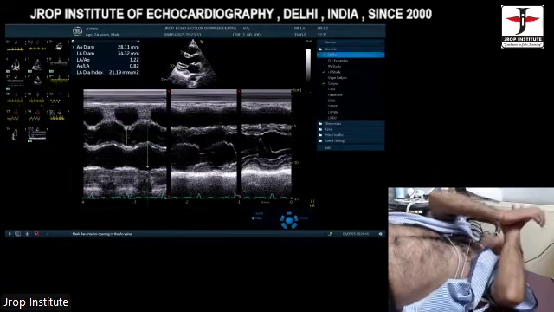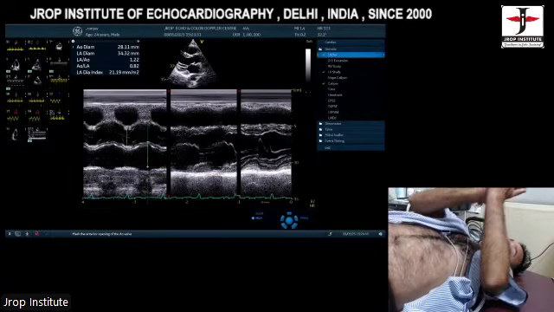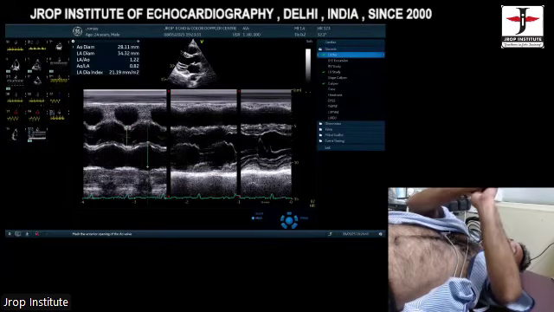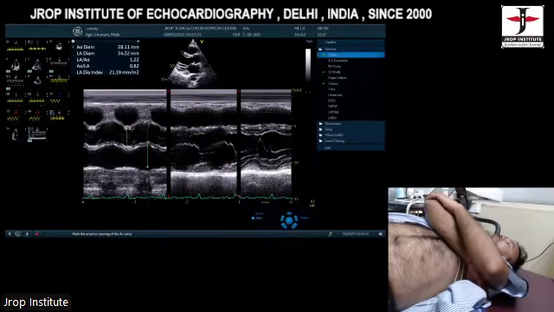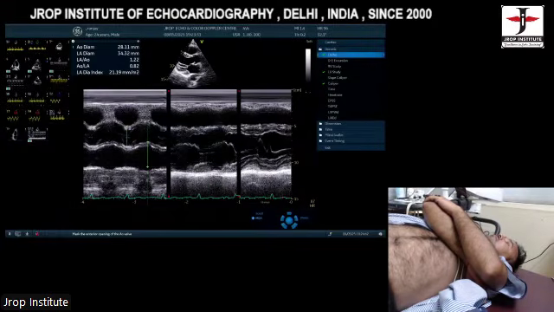Always, because suppose my body surface area is 2.4, and my LV dimension is 60. Even that 60 will not be considered as bigger for my 2.4 body surface area. If the same LV dimension of 60 is given for 1.7 body surface area, that will be dilated. Okay. Yes, sir.